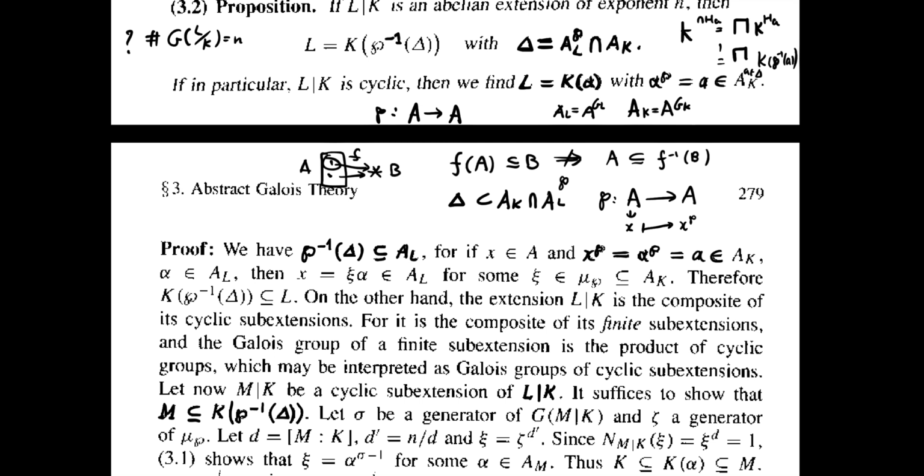But you say that if two elements, when they're acted on by P, Px equals P alpha, with X in A, alpha in AL, because there is one from AL that is mapped to delta.